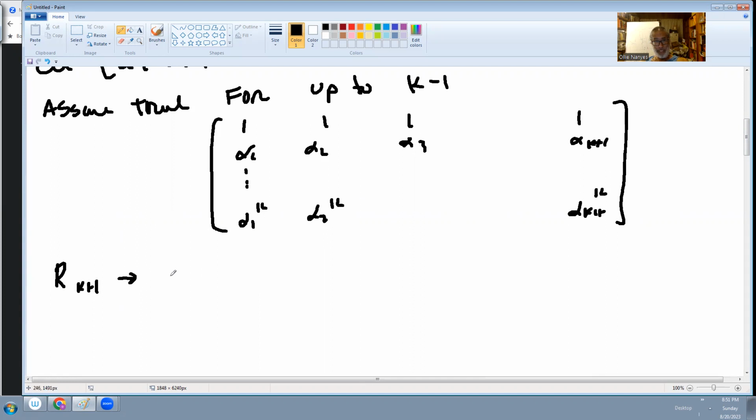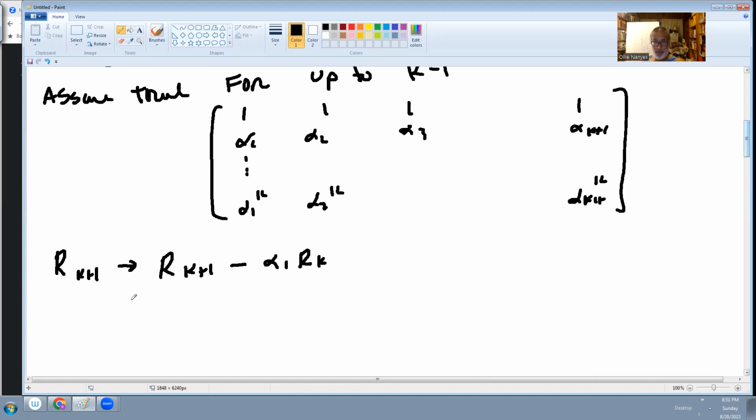And you replace this by row k plus 1 minus alpha 1 times row k. Now what happens here? Well, let's be careful here.